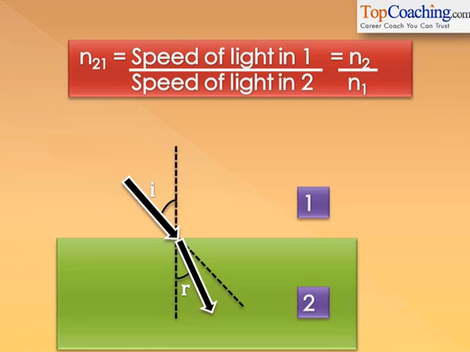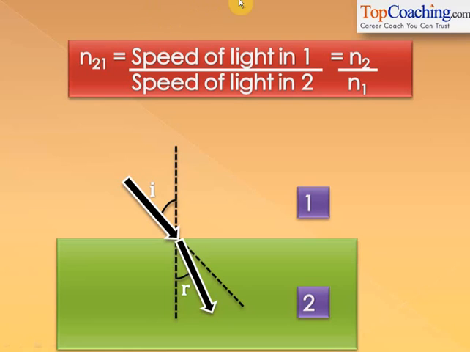So the speed of light in 1 divided by the speed of light in medium 2 is refractive index of medium 2 with respect to vacuum divided by refractive index of medium 1 with respect to vacuum, N2 by N1. Understood? So if you write N21, then the speed of light in medium 1 will come in the numerator and the speed of light in medium 2 will come in the denominator.